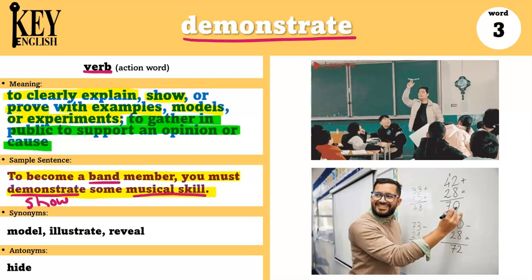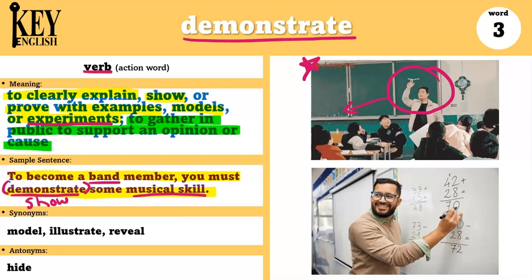So that is what we would call demonstrate. They have to demonstrate that skill. Over here too, we can use it to explain an experiment. We can say the teacher demonstrated the science experiment for the class. So there's a teacher that's showing his class how to do the experiment.